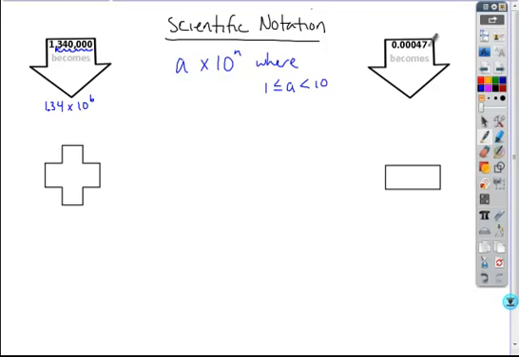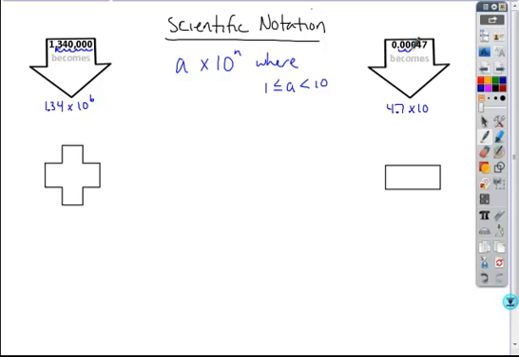Okay, if you have an extremely small number, you're looking at a negative power. So again, you do the same thing. You take all of the digits other than the zeros, so 4 and 7. Place a decimal after the first, times 10 to the power of, and once again you count how many places you move the decimal to get it after the first digit.